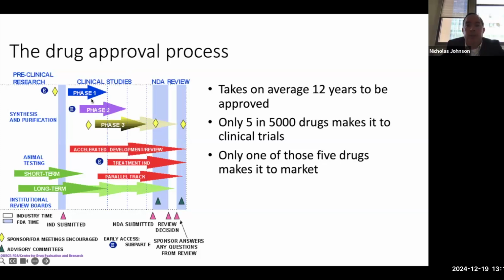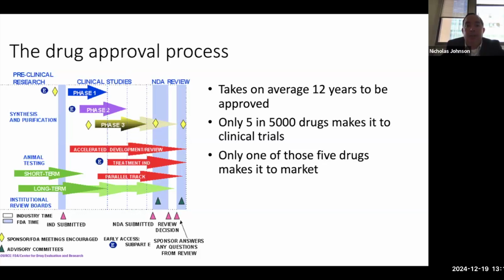You'll hear me refer to phase 1-2 studies as a single entity, because usually that means they're testing both a single dose and multiple doses, and they're trying to understand the safety of that drug in humans and what the right dose is. And then at that point, you end up with this phase 3 clinical trial, which is: does the drug actually work? Does it do what it's supposed to do?